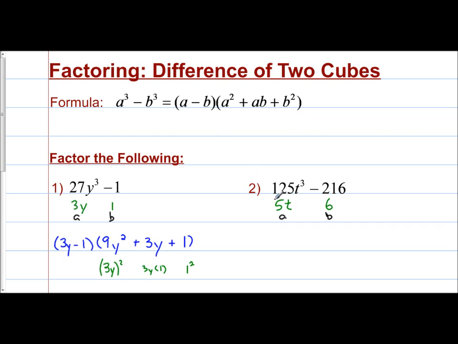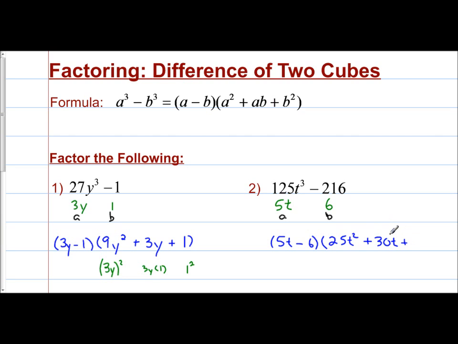You have a minus b, so I have 5t minus 6. In the next parentheses, you have a squared, so square the 5 and square the t. I get 25t squared plus a times b. Well, 5t times 6 is 30t.